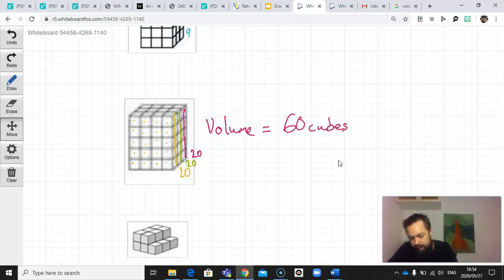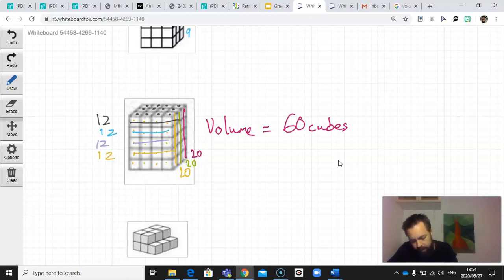If I had chosen to do it the other way, and I'd counted on the top, 1, 2, 3, 4, 5, 6, 7, 8, 9, 10, 11, 12. Then my top slice is 12. My next slice is also 12. My next slice is 12.